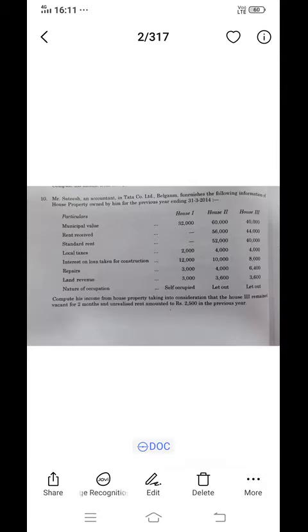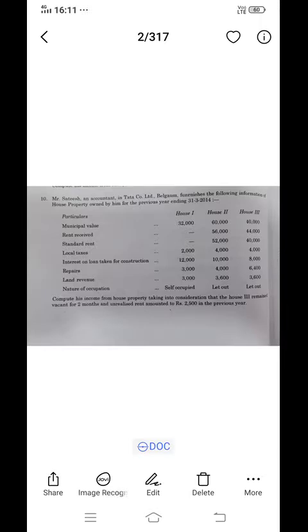Here you are given municipal value. Fair rental value is not given in the problem. Rent is given, standard rent is given, local tax is given, interest is given, repairs and land revenue are given.